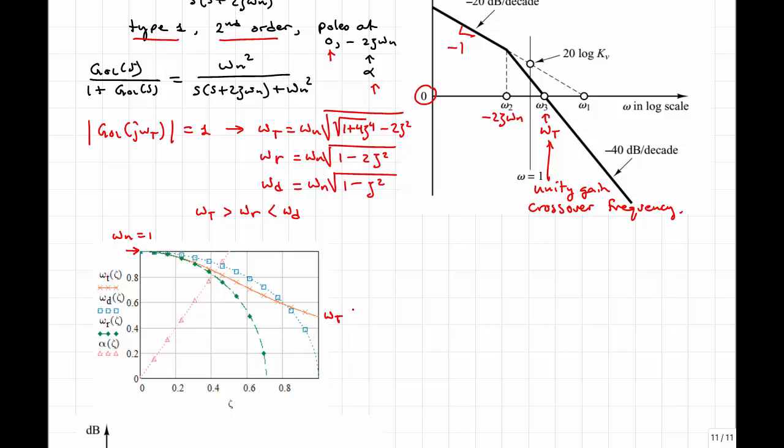For large enough values of zeta, it does cross over and become greater than omega d, but for the zetas that we typically would consider, when zeta is smaller, omega t will lie between omega r and omega d.